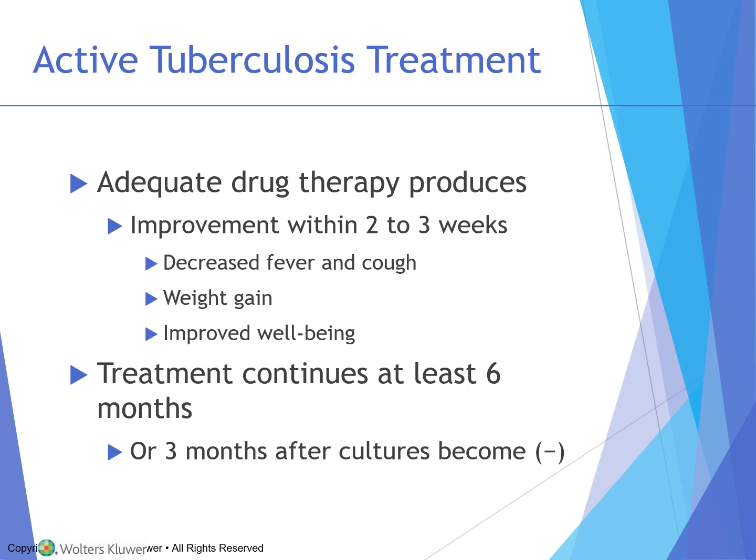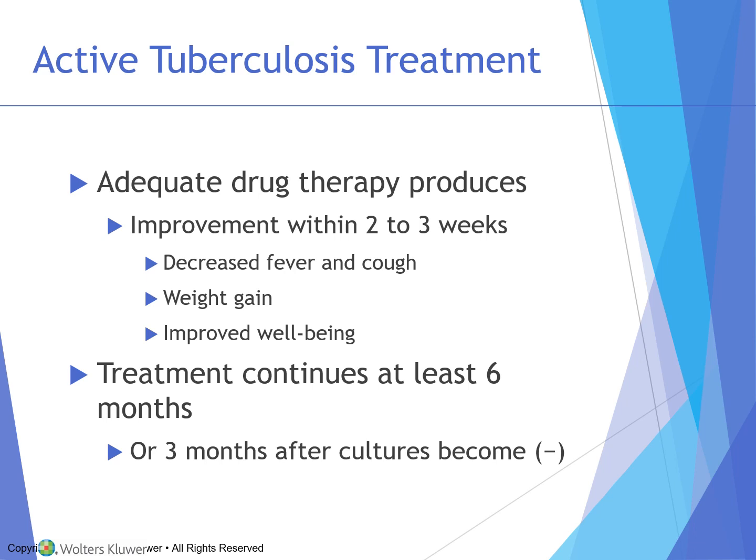Now, for active tuberculosis treatment, we mentioned before we could use isoniazid, or INH, or rifampin, or RIF. The therapeutic effects are actually seen within 2 to 3 weeks. We're going to see decreased fever and cough.